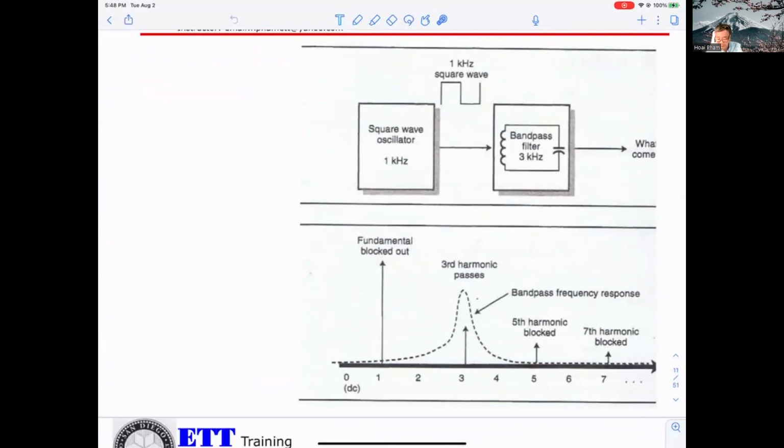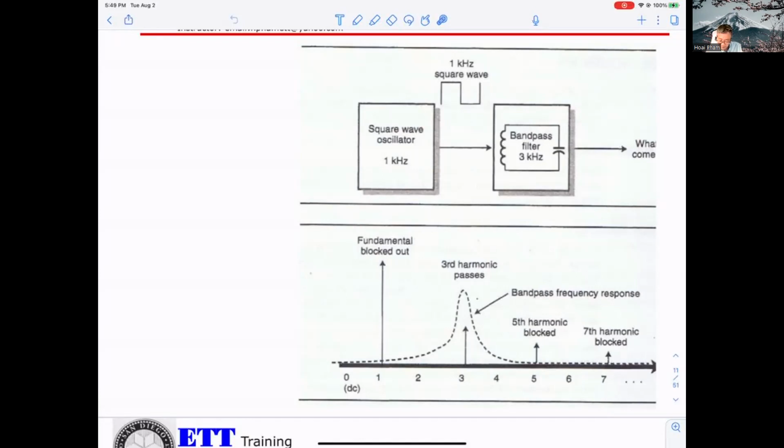Now, this is really something you need to understand. You get a square wave oscillator. That means if you connect to the generator, you set a square wave 1 kilohertz, then you can get too many signals from that 1 kilohertz.